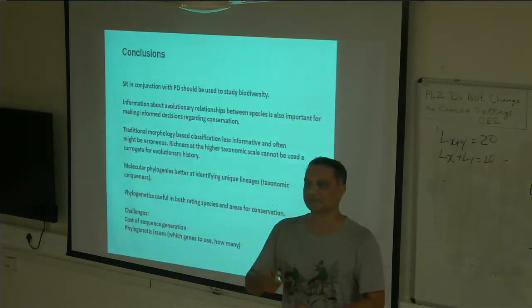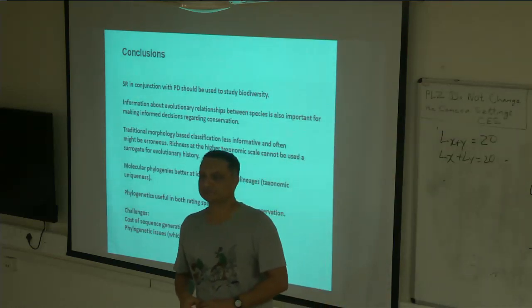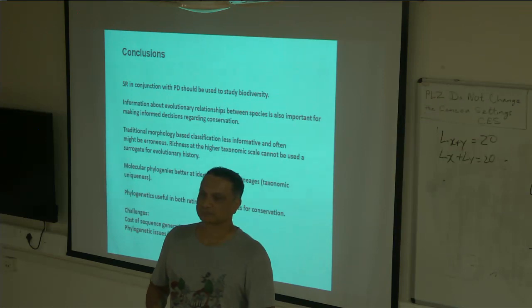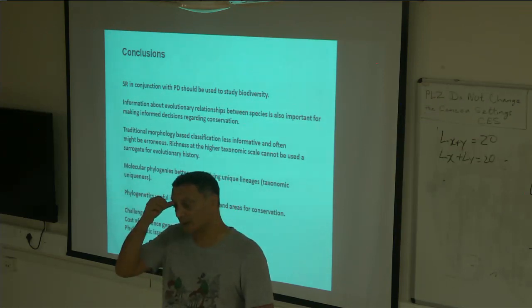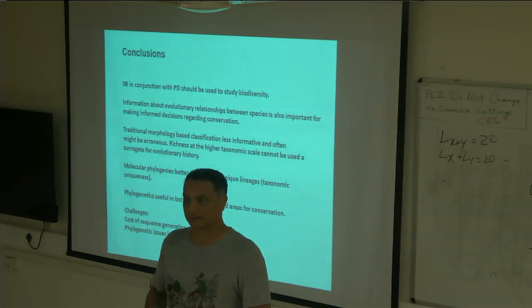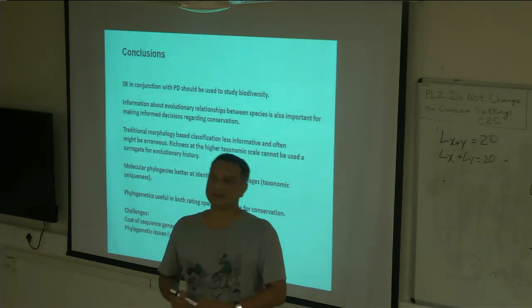Sorry, there was one more question. How logical is it to calculate PD for a definite group? I mean, if we consider only mammals, then species richness and PD, then how, or should we consider all species? Yeah, absolutely. I completely agree.